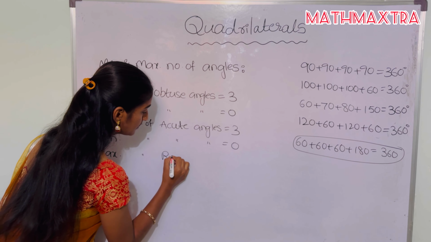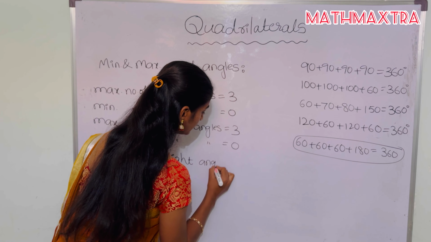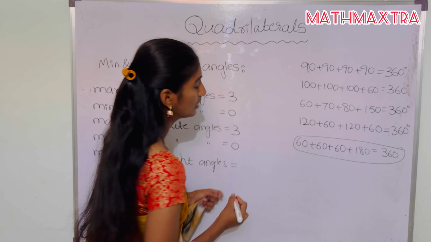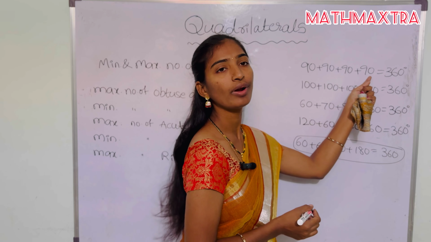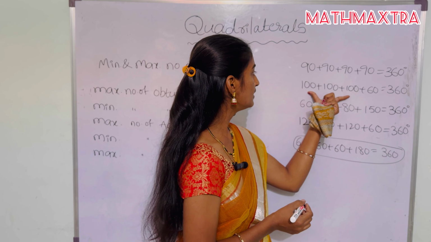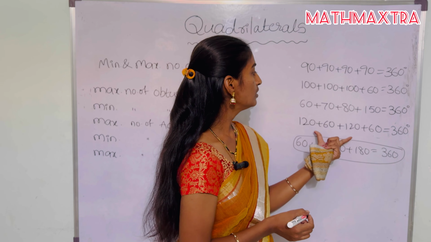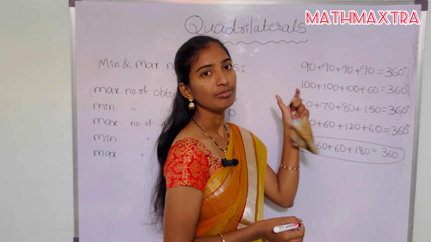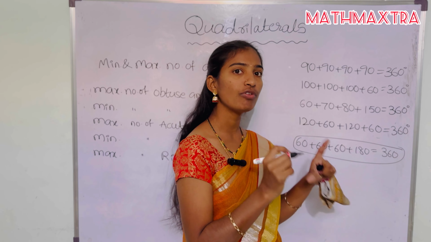And the maximum number of right angles. The maximum number of right angles is equal to, see, in the first case we have considered 4 right angles, and in the next case not even a single right angle. Okay, see, maximum we need means if you consider all the 4 angles as 90 degrees, we can form a quadrilateral.